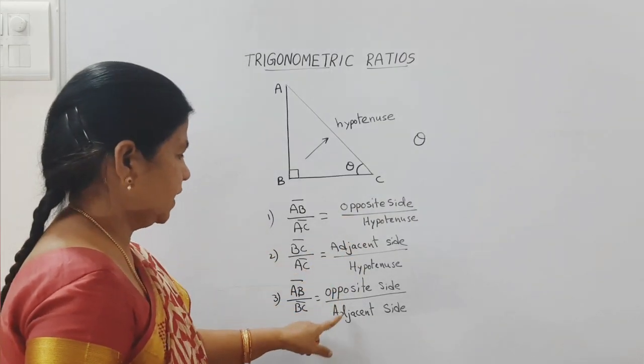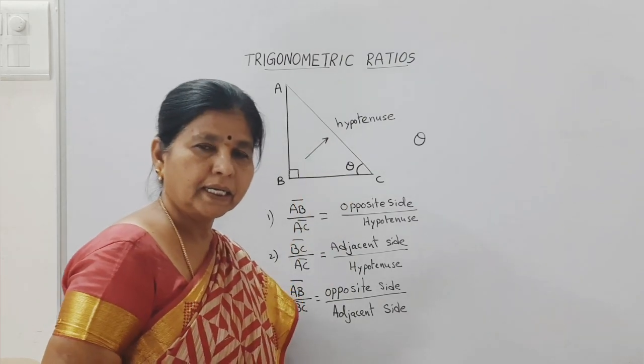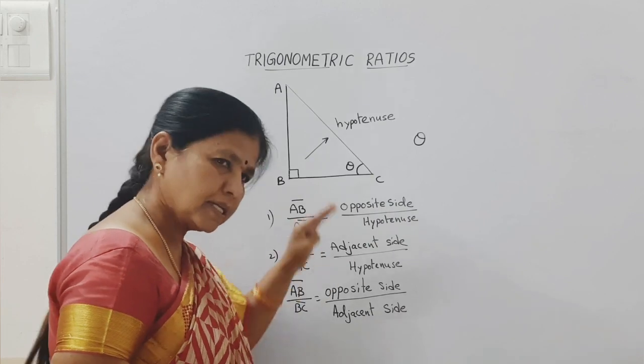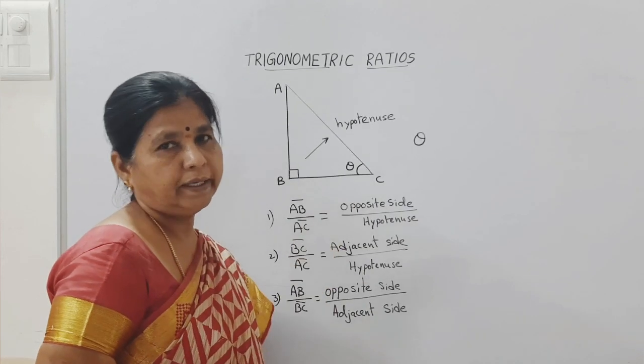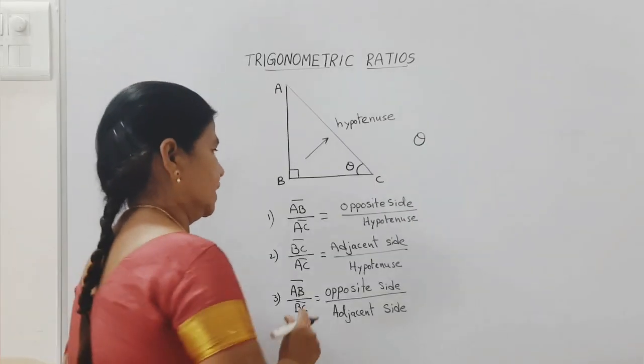So these are very, very important ratios of trigonometry. These are the pillar-like formulas for our trigonometry. We are naming these three ratios.